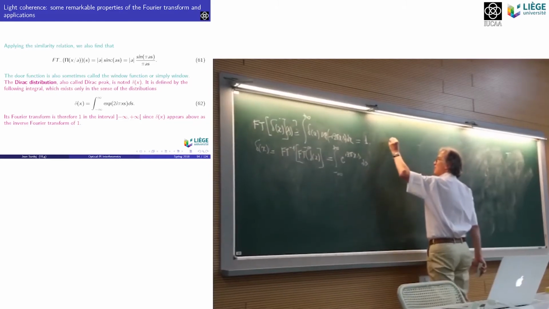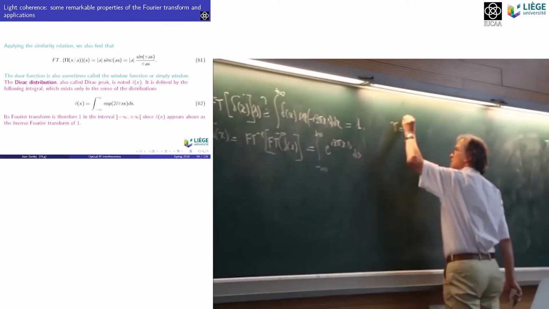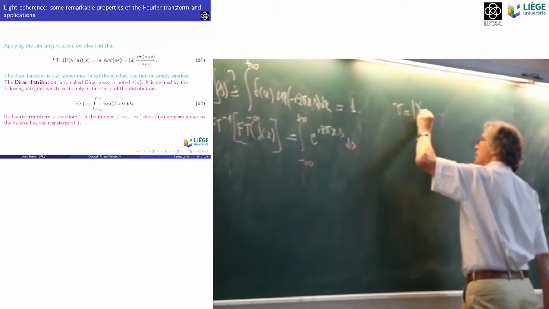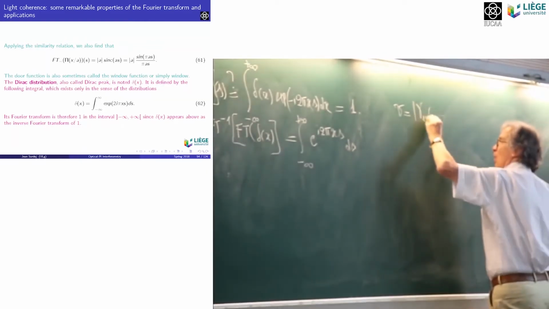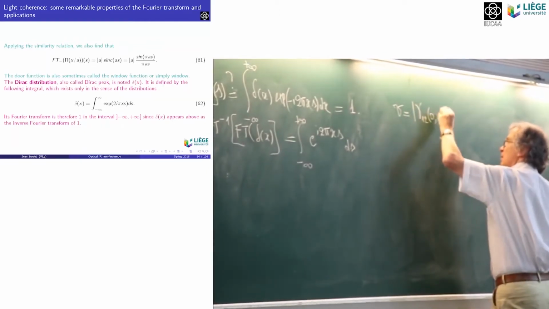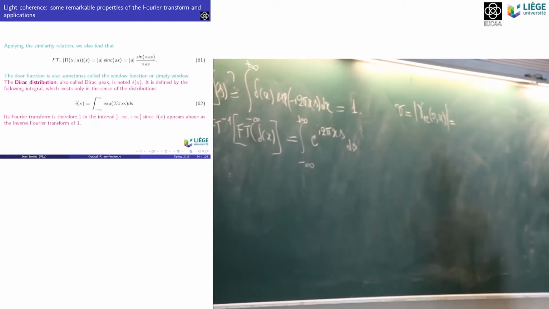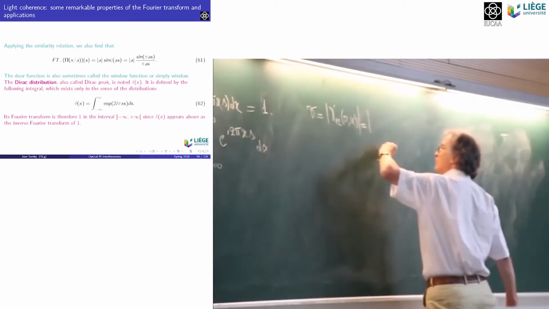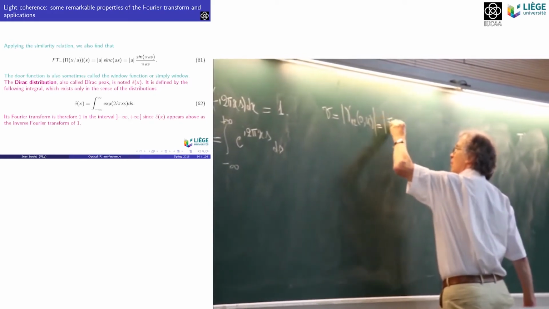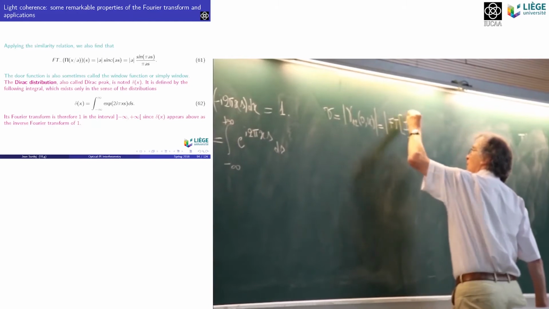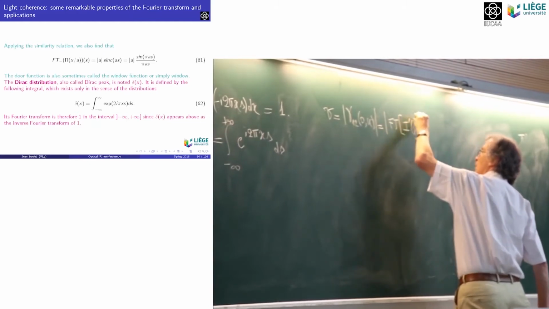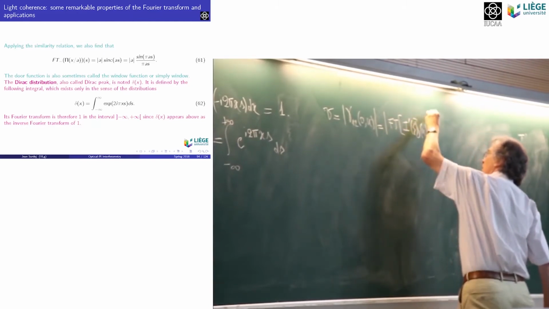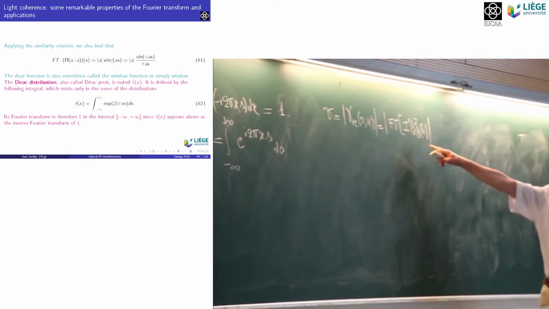I remind you that the visibility is the module of the complex degree of coherence. In this case it's just a one-dimensional problem, so it's very simple. This is equal to the module of the Fourier transform of the normalized intensity of the object.